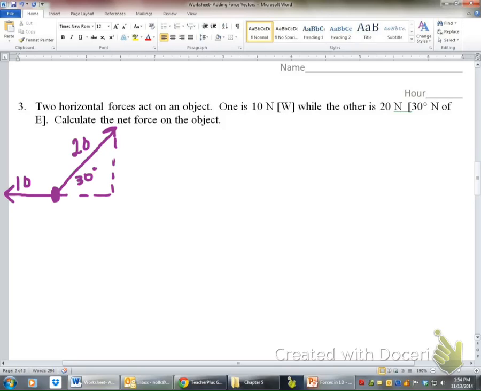So we go east, then we go north, and we work backwards and say north of east. That means our 30 degrees has to go in this little angle right here.